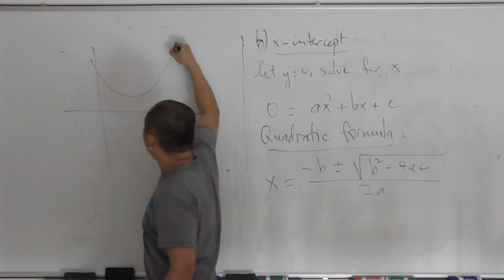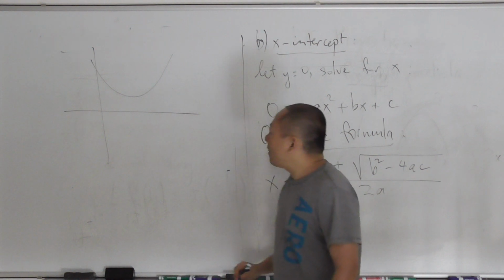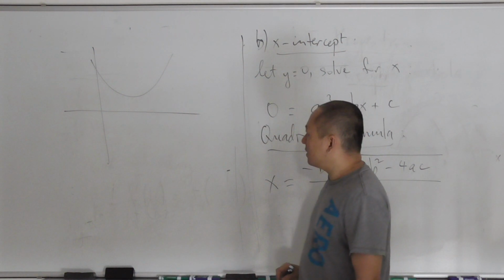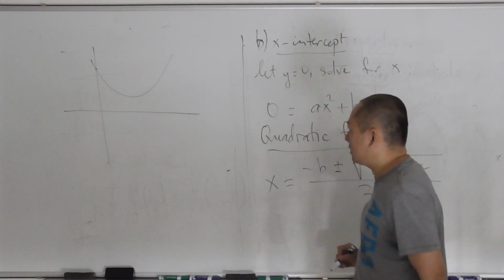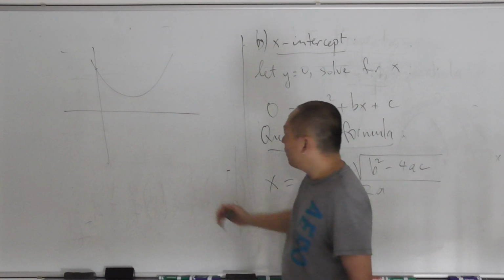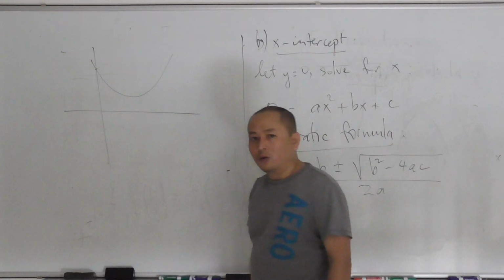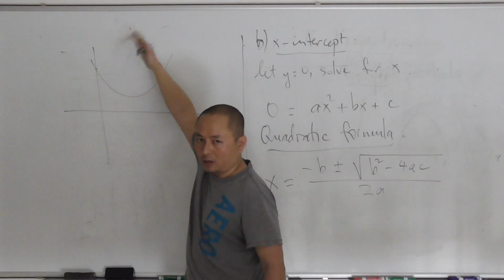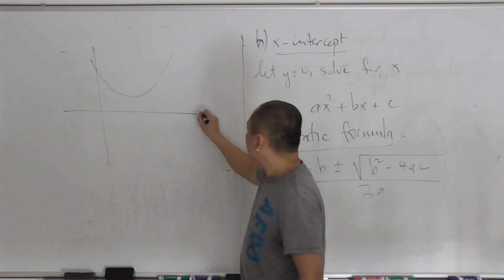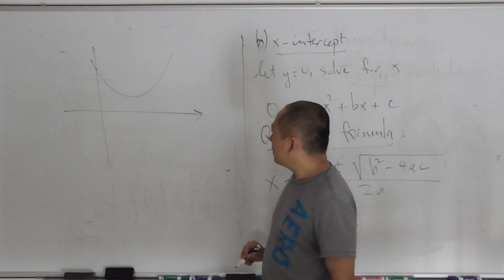It doesn't matter how you draw it. Eventually, the parabola will intersect the y-axis at exactly 1 point. So for sure, you will always have exactly one y-intercept. What about the x-intercept? We have several cases here. In this particular example, the parabola is completely above the x-axis. We have no x-intercept at all.